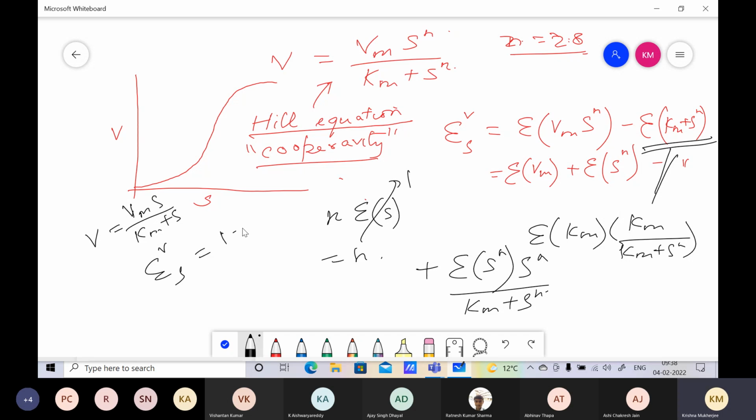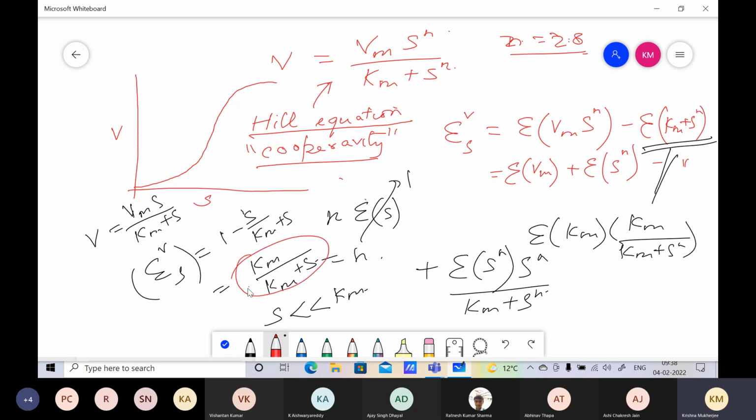It was 1 minus, क्या किया था हम लोगों ने? 1 minus S upon Km plus S था ना ये, which was simply equal to Km upon Km plus S. So the E value is Km upon Km plus S, which I said made a lot of sense because for S much smaller than Km, it's a first order reaction. So this expression here becomes equal to 1, and for S much larger than Km, E becomes equal to 0.